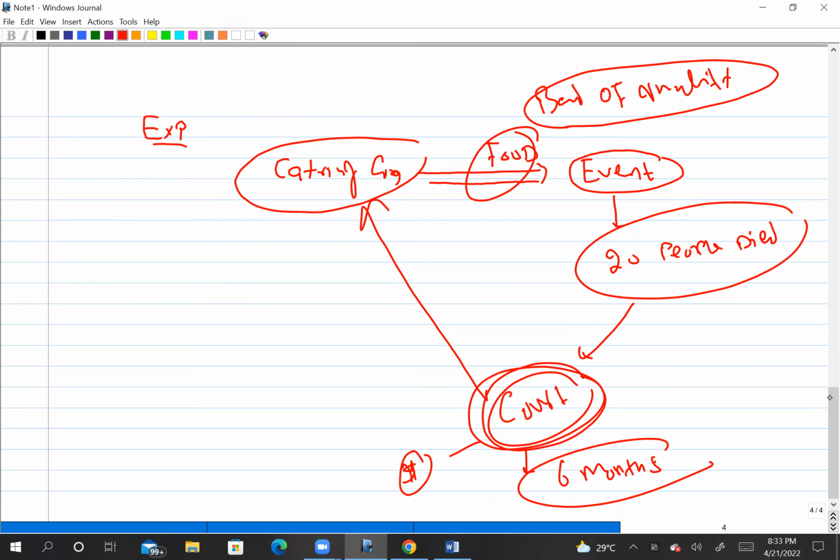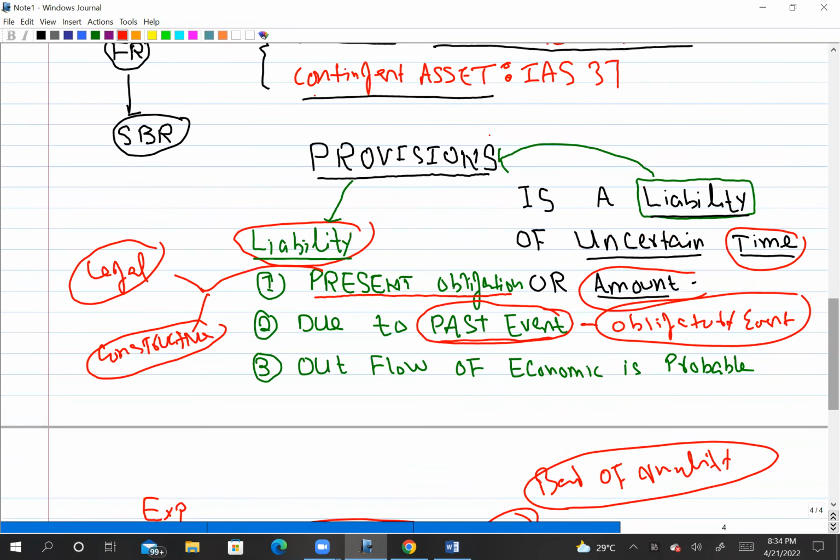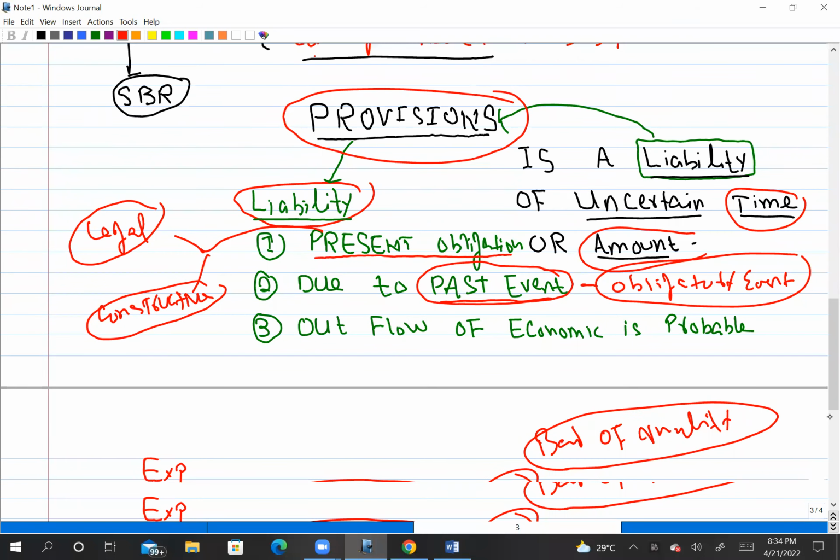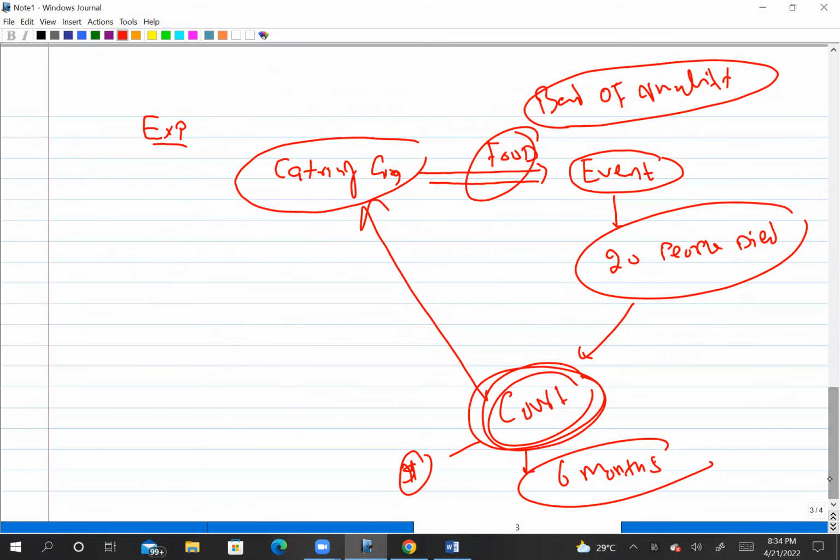So such liabilities are known as provisions. You get it? You get the concept?